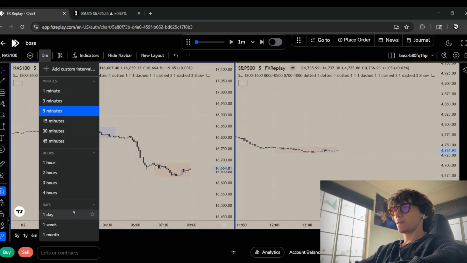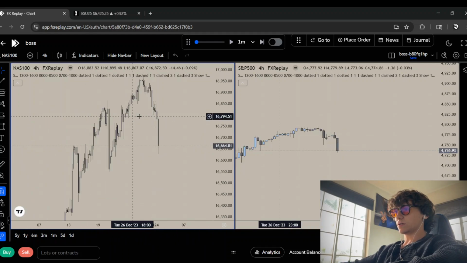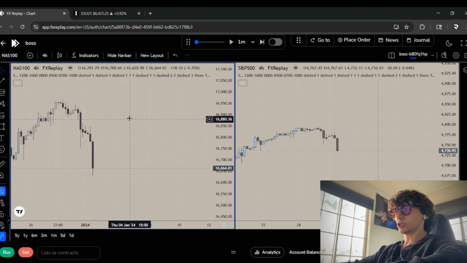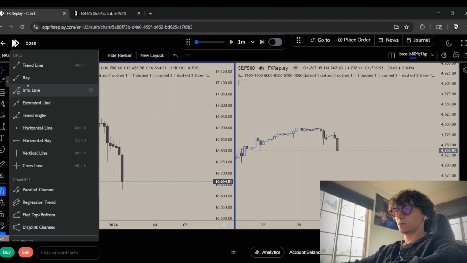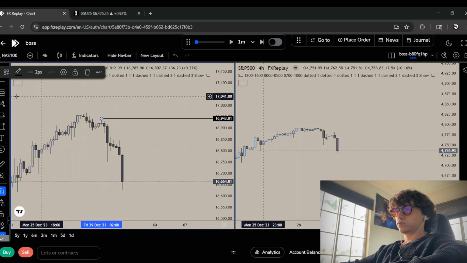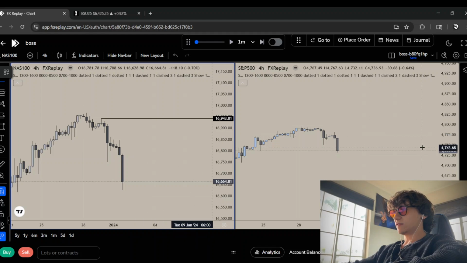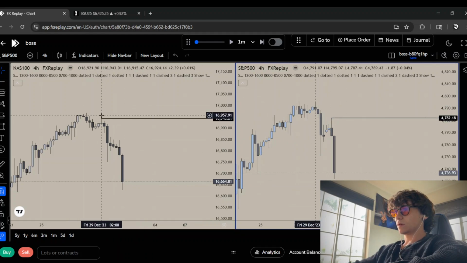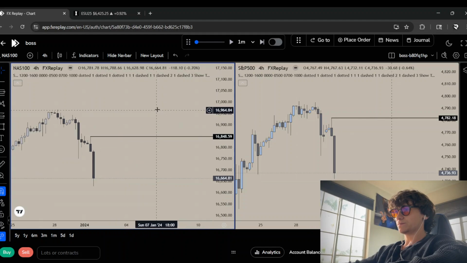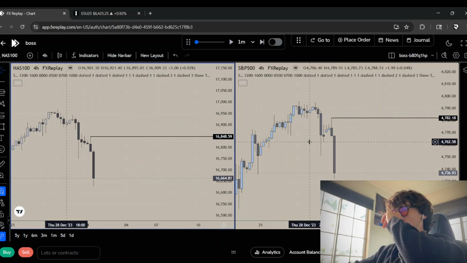Okay, there it is. Alright, anyway, so on the 4 hour, we are coming down to these lows. We're bearish. We got those highs there. Sorry, let's just put it here.